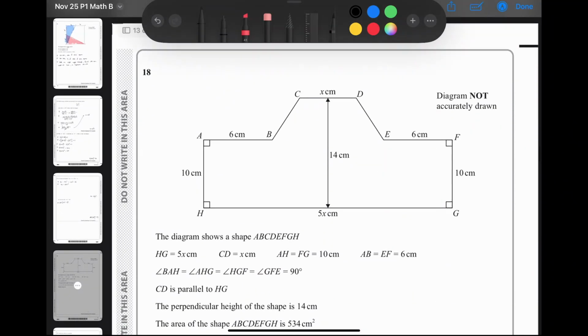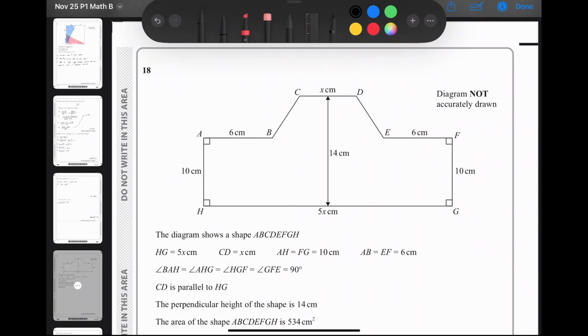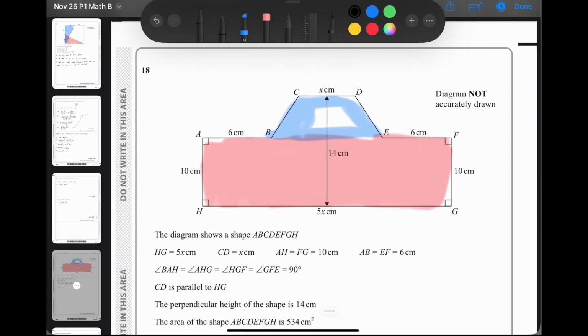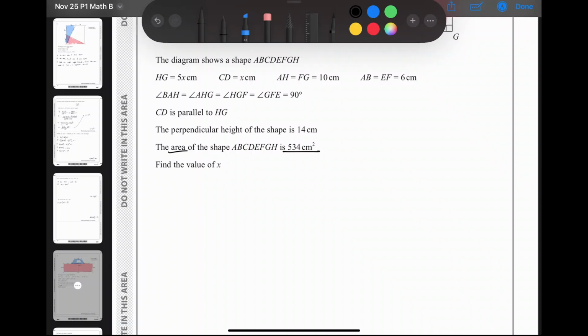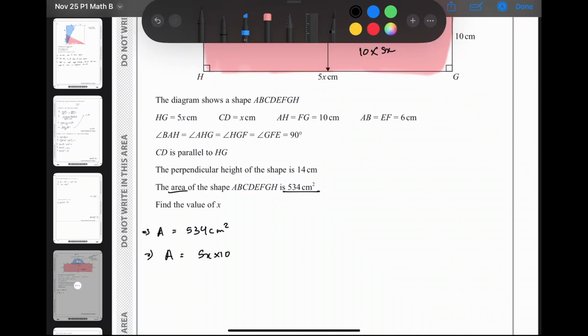Question 18, we are given this shape illustration that has been labeled with some measurements. It is given that the whole area of it is 534 centimeters squared. For starters, we can divide this diagram into a simple rectangle and a trapezium. Using the labeling of lengths and x, we can form an equation of area and equalize it to our area value.